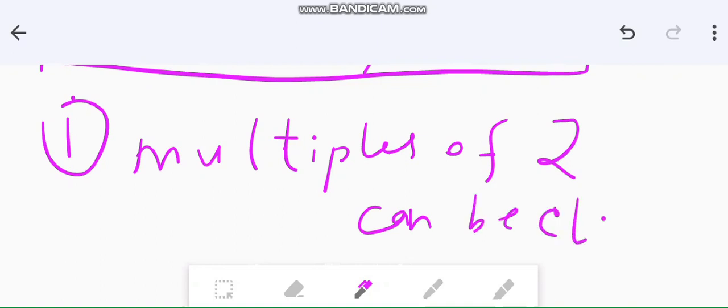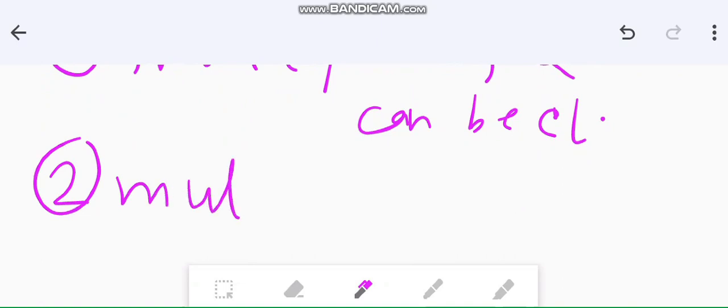When we are removing the multiples of 2, we should keep in mind that we will not eliminate 2 because it's already a prime number. So we keep 2 and eliminate all the higher multiples of 2. Now we will eliminate the multiples of 3.